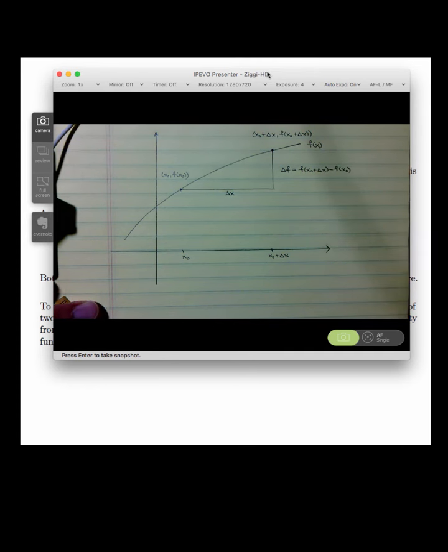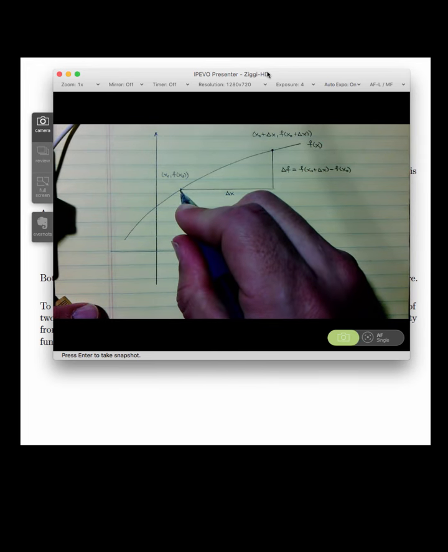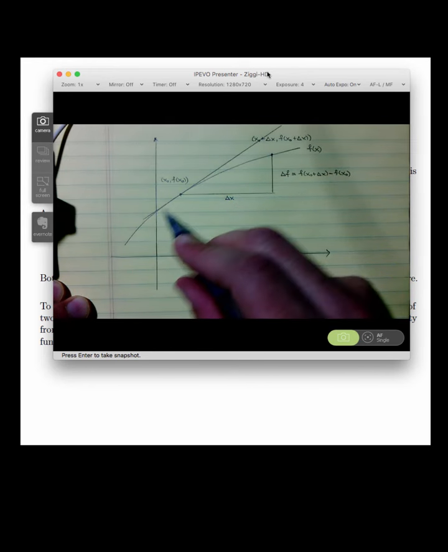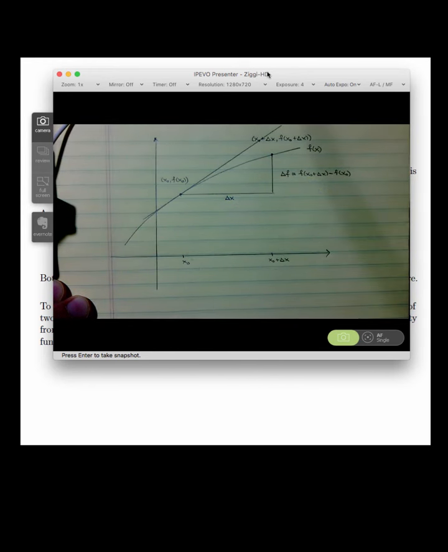Now let's consider the tangent line to the graph at the point x0, f of x0. And here we see the tangent line. And the slope of that tangent line, of course, is f prime of x0.